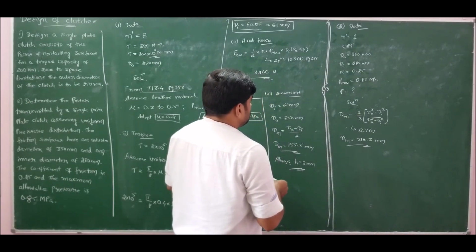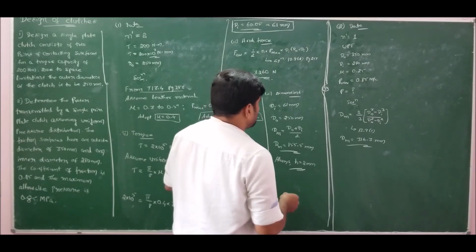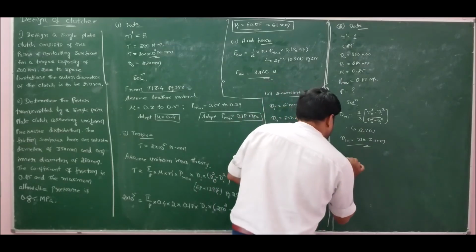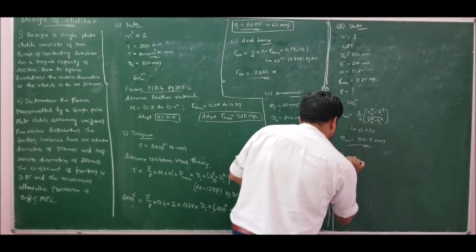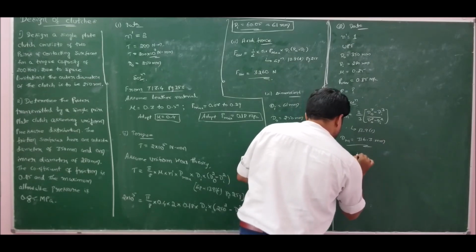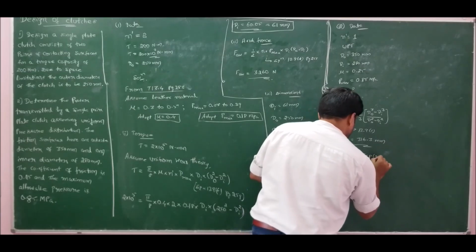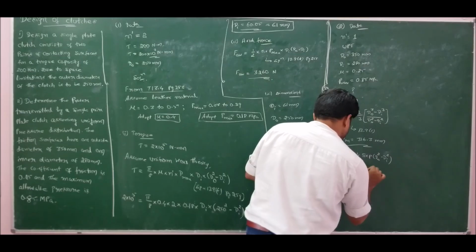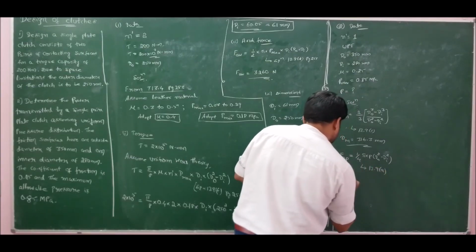Now I can find the value of axial force, and so I can find the value of torque. Axial force based on uniform pressure theory is given by 1 by 4 pi p d naught square minus di square. This is from equation 13.9a.